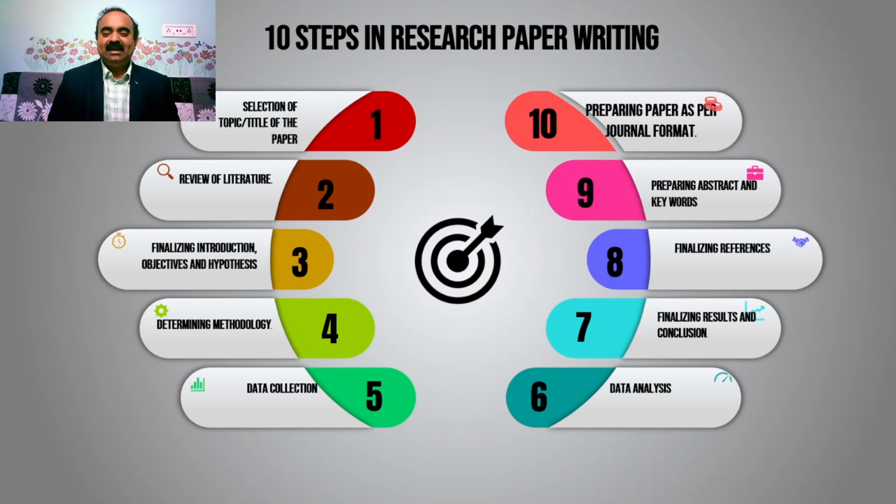Once you analyze the data, the next step, that is seventh step, is finalizing the results and conclusion. Results are nothing but the findings that you have made based upon your data analysis. And conclusion is nothing but the summary of the results.